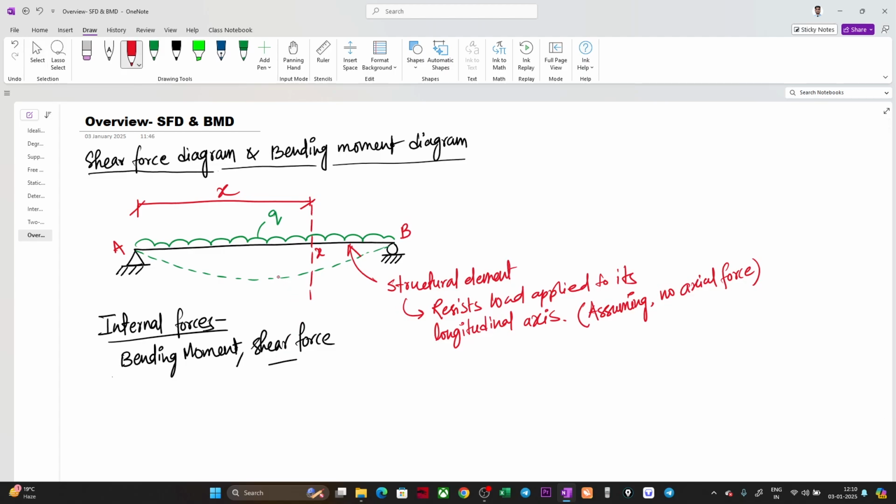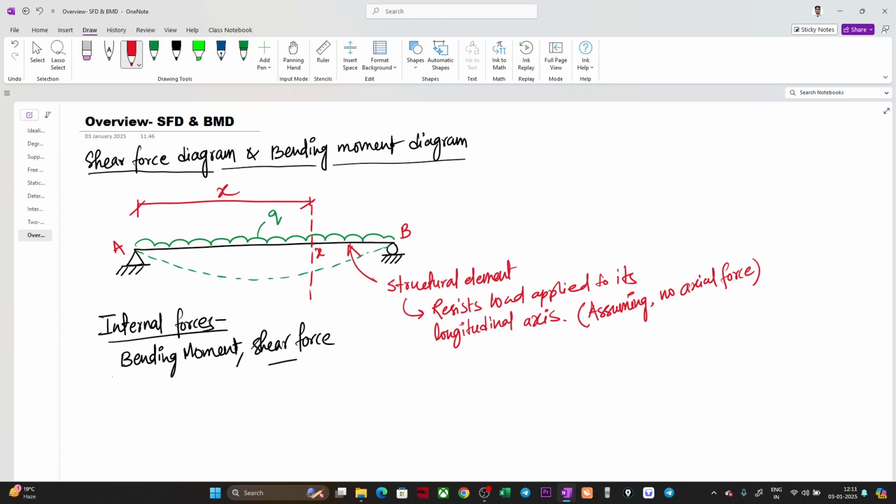What we will be doing is cutting sections at some interval and finding out the bending moment to see what the pattern is. I will show you that you can develop an equation which will tell you the pattern of the bending moment and shear force, and how you graphically represent it will be defined by that equation. To do that, we first need to understand the bending moment or shear force at one particular point.